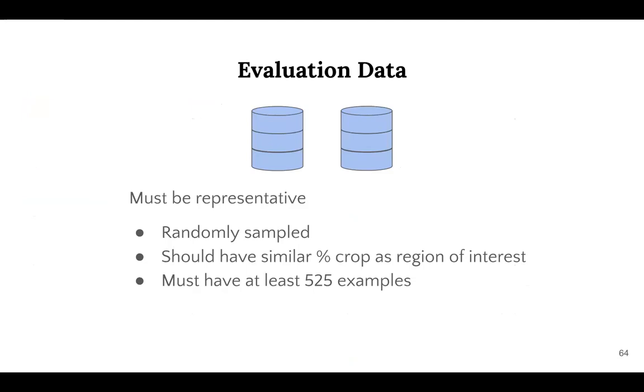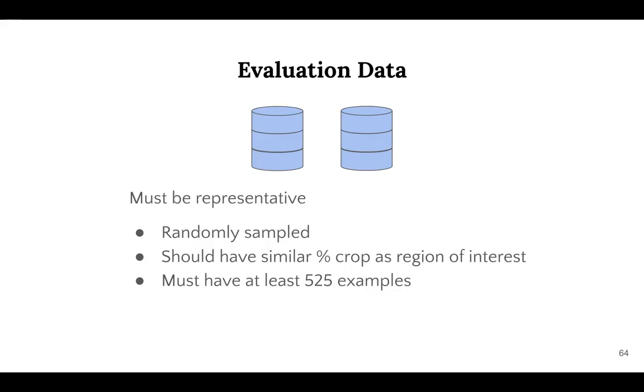But let's say all your evaluation data for this crop mapping model was inside a city. Probably all of that data will be non-crop. And so if you guess all those points are non-crop and get them right, that doesn't necessarily mean that your model is going to do well on more rural areas. And so your evaluation data must be representative of the region of interest that you're making a map for.